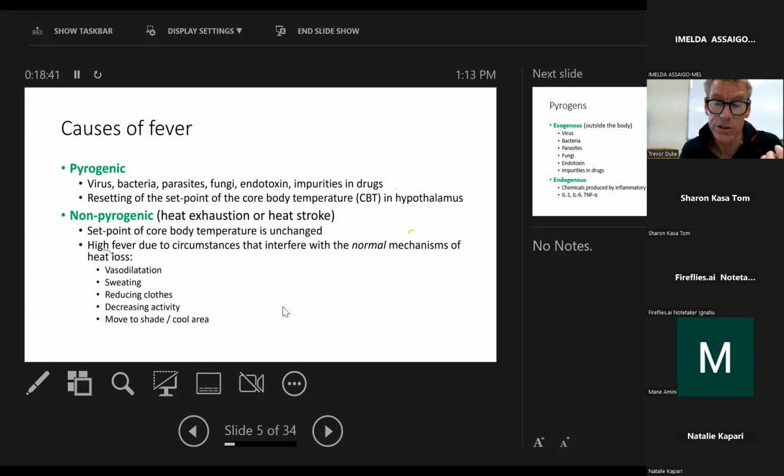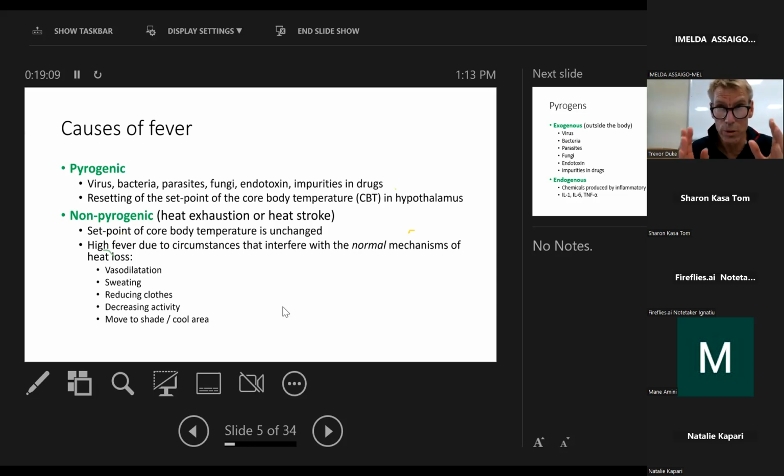And the pyrogens in our body get dealt with by the immune system, and the immune system can lead to a stimulation of fever. And I'll explain how that happens. But pyrogenic causes of fever happen because the pyrogens end up resetting the core body temperature, which happens in the hypothalamus. Normally, our core body temperature is set somewhere between 36 and 37 degrees, isn't it?